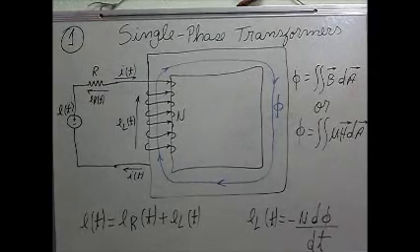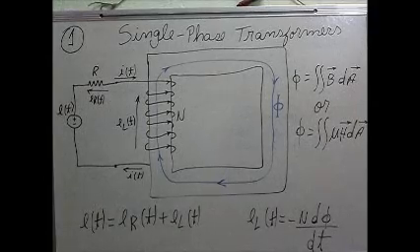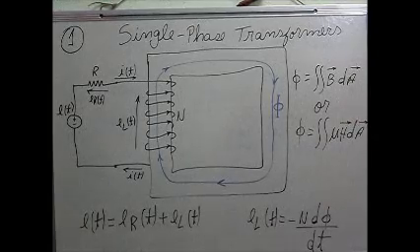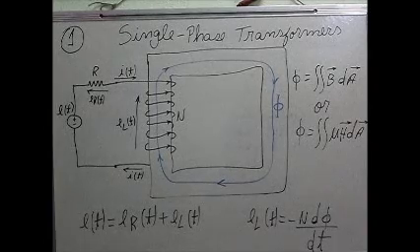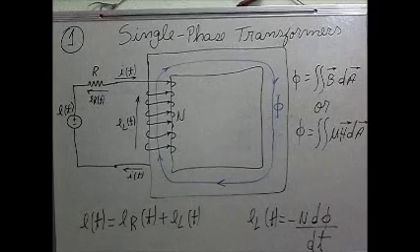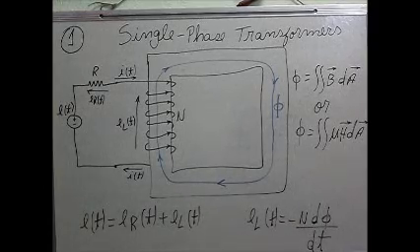What happens if we apply a sinusoidal voltage at the terminals of this winding? It's represented by the voltage E of t, which is the voltage source. Let's imagine that this source is sinusoidal. It varies with time.